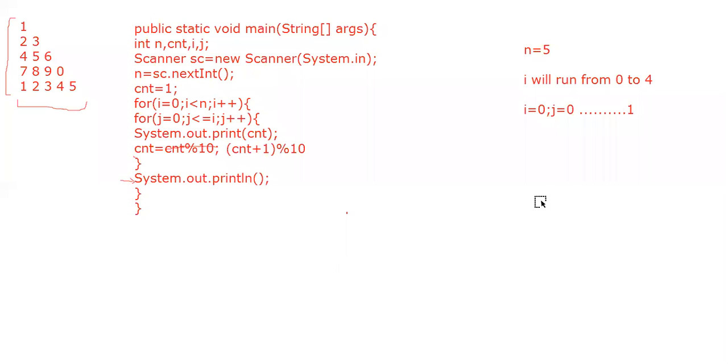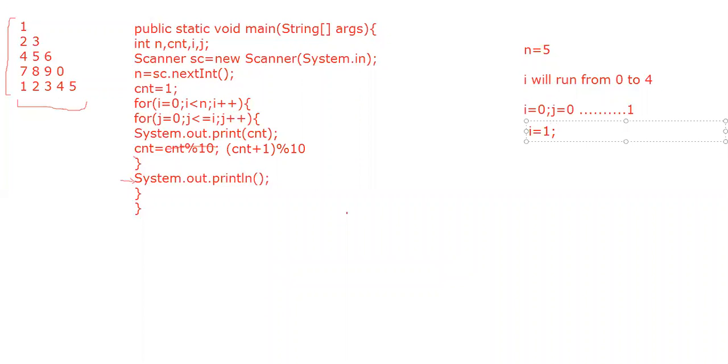Otherwise the value of cnt will not change and we will keep on printing 1. So it will be (cnt plus 1) mod 10. I hope things are quite clear. Then after i equal to 0, the value of i will be 1.